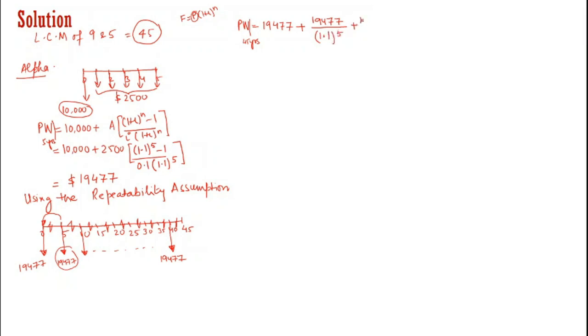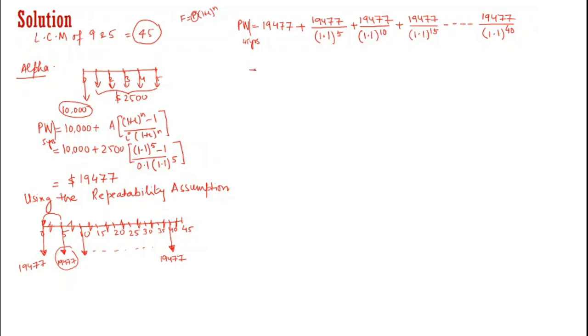Similarly, there will be another term 19477 over 1.1 to the power 10, 19477 over 1.1 to the power 15. And similarly, the last term will be 19477 over 1.1 to the power 40.